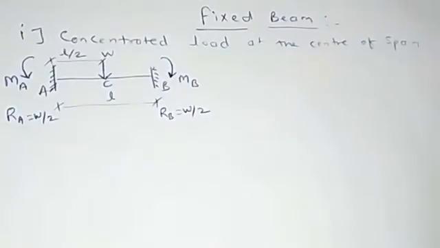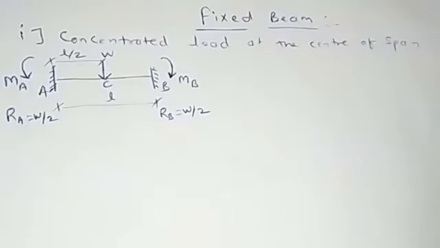So if we just consider that load W, which is acting at the middle portion, what we need to do is remove the fixed ends and consider it as a simply supported beam.